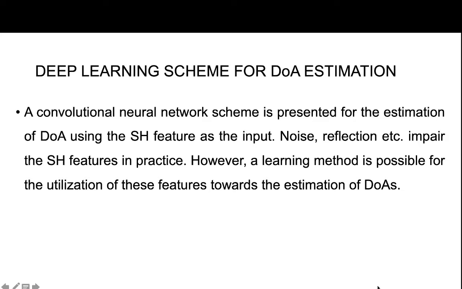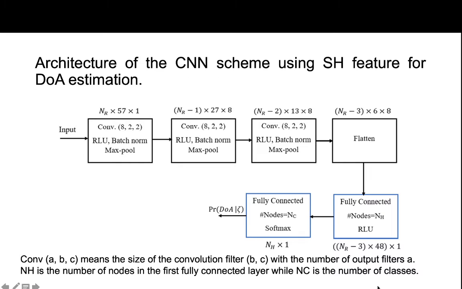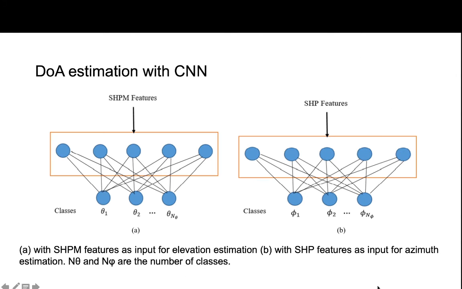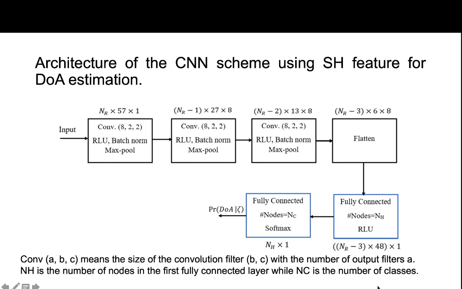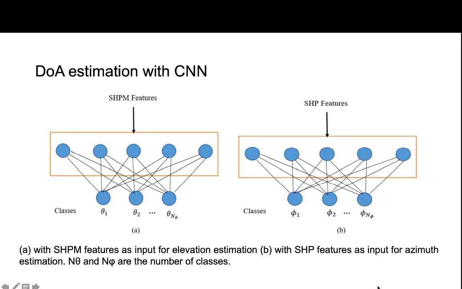The architecture of the CNN used is this, and the definition of each term is as presented. Now, the feature DOA estimation with CNN. The magnitude feature can be extracted under the classes of the azimuth, and the phase feature can be extracted under the classes of the azimuth.